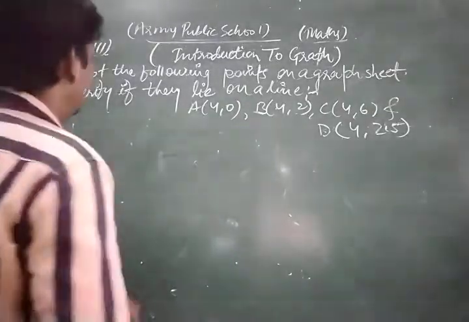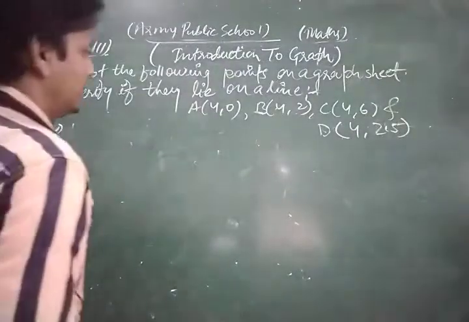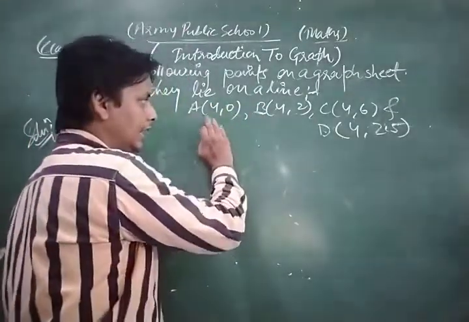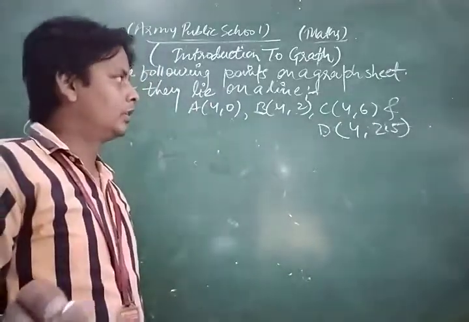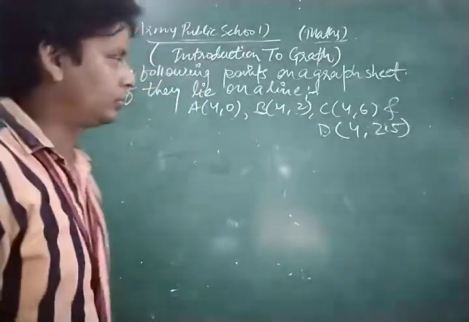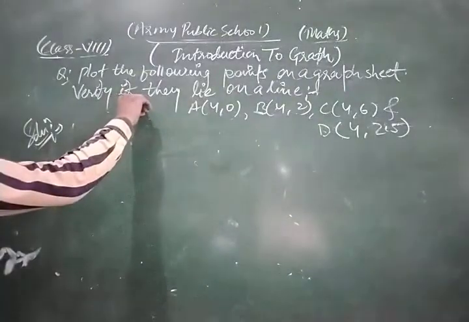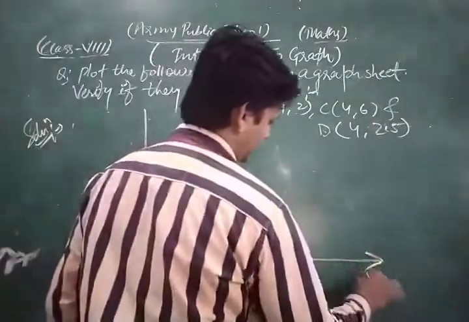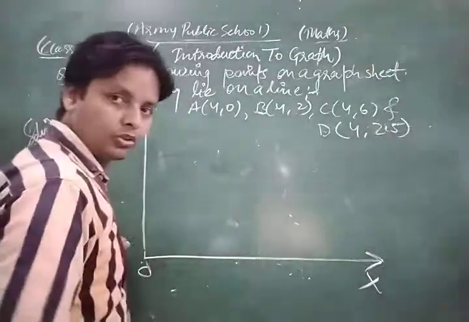So look, first of all, in that coordinate, both abscissa and ordinate are positive, so all these points lie either on the y-axis or in the first quadrant. Okay, now look, this is x, oh, this is y, this is the positive direction of x.